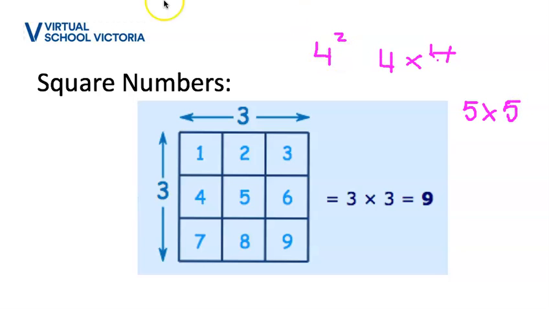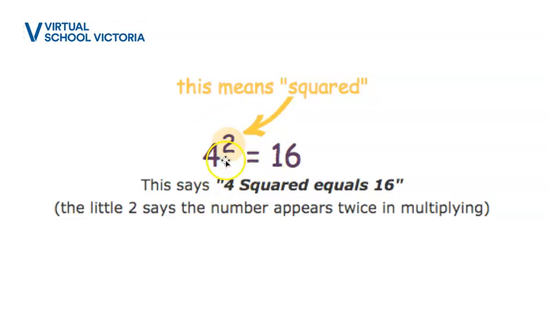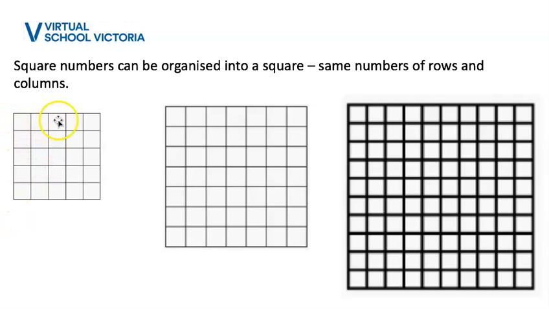And the square number has a really good pattern. And when we write square numbers, basically this is that we multiply 4 by itself, 4 times 4. And they are square numbers because we can organise them in columns that are 5 and rows that are 5.